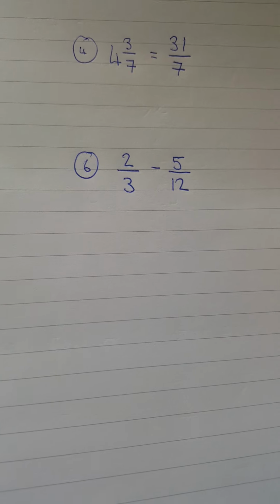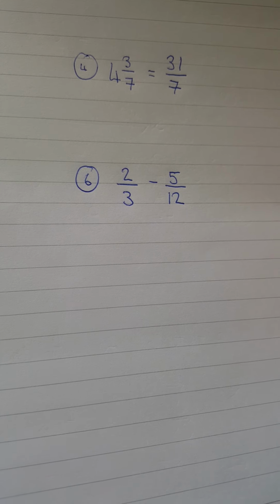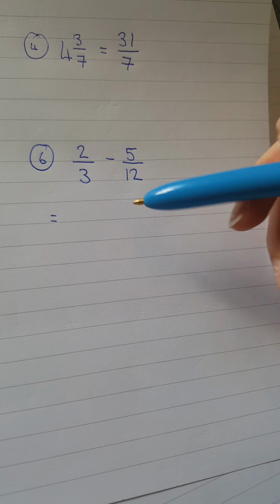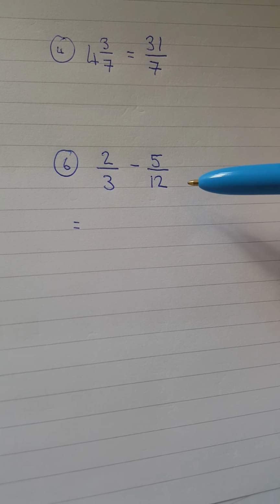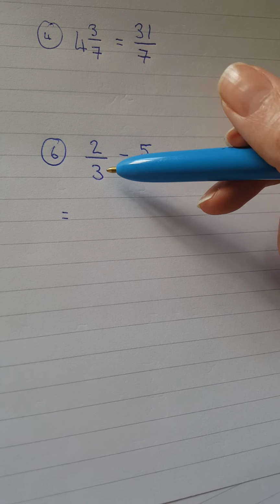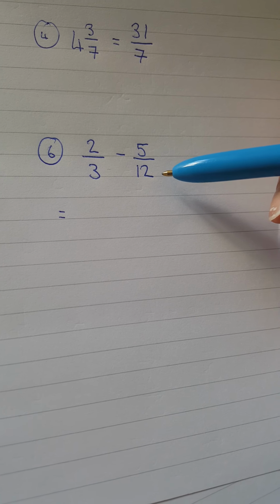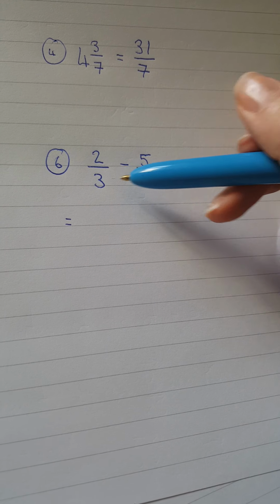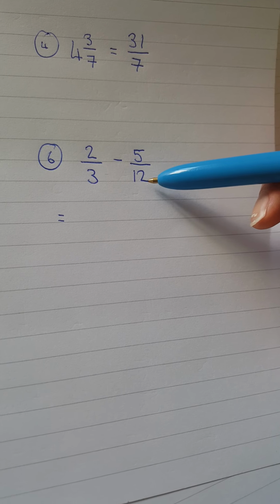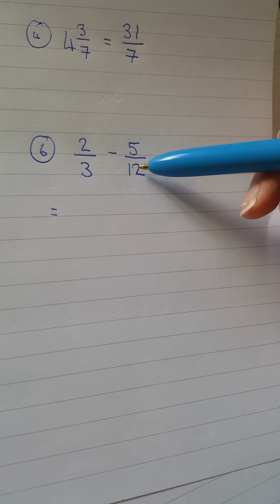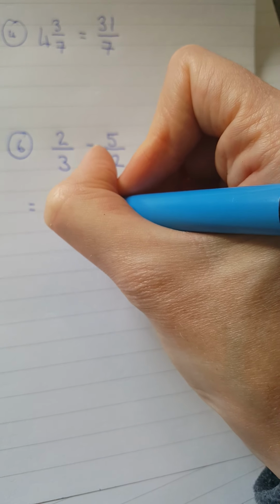Again, my denominators are different here, and I can't take away fractions that have got different denominators, so I have got to make it so that the denominators here are the same. So I think about my 3 and my 12 times table, and I'm looking for the smallest number that appears in both. We call that the lowest common multiple of 3 and 12. And the lowest common multiple of 3 and 12 is 12.